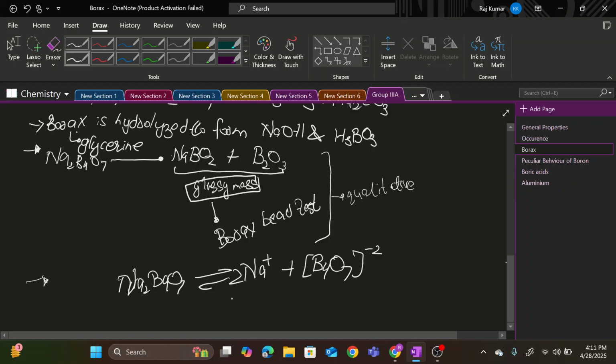These borate ions further react with water to produce boric acid and OH ions.